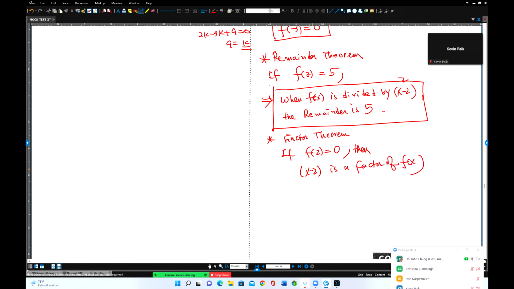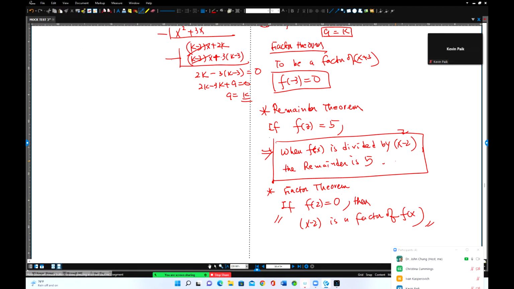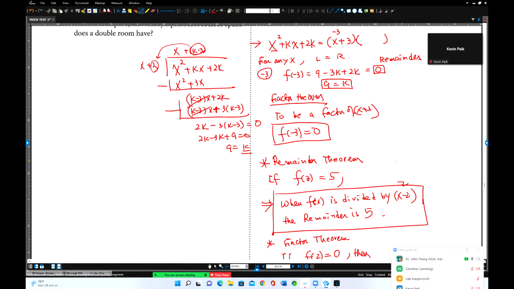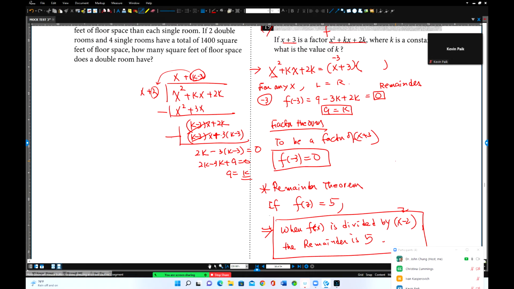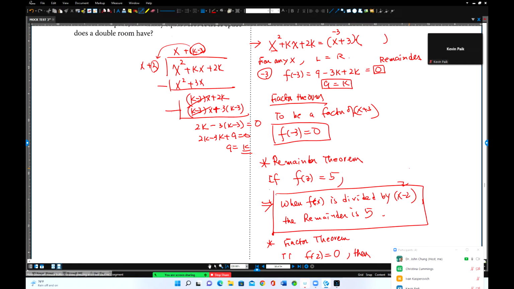That's the meaning. Alright, you have to memorize this one. Every time they give this remainder theorem and factor theorem. If you don't remember this formula, you better use long division or synthetic division, if you know how to use synthetic division. Do you want me to do synthetic division too?